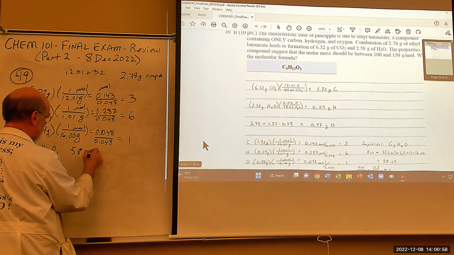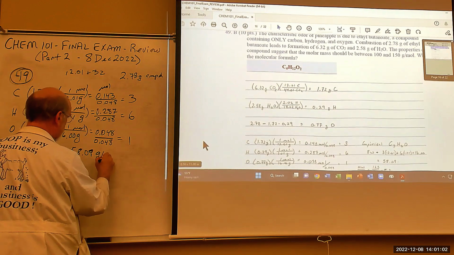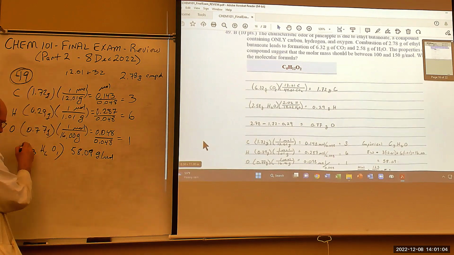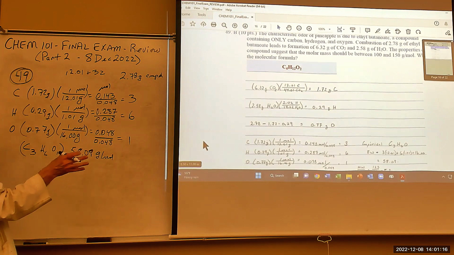It's 58.09 grams per mole. But that's for the multiplier of 1. The actual molar mass is between 100 and 150. So if we multiply this times 1, that will not get it.